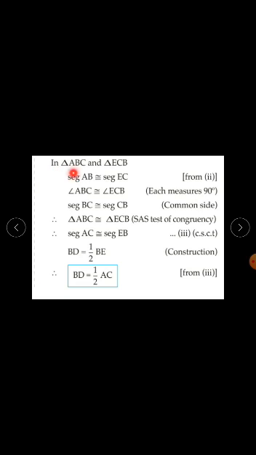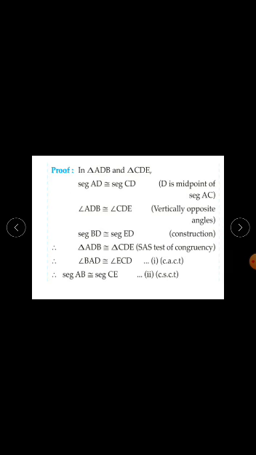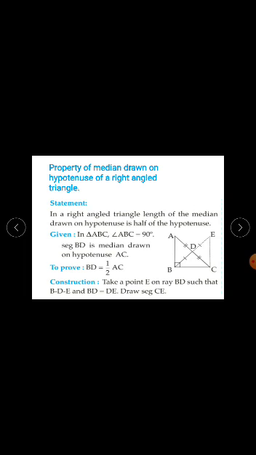Now, in triangle ABC and triangle ECB, see these two triangles: seg AB is congruent to seg EC from 2.